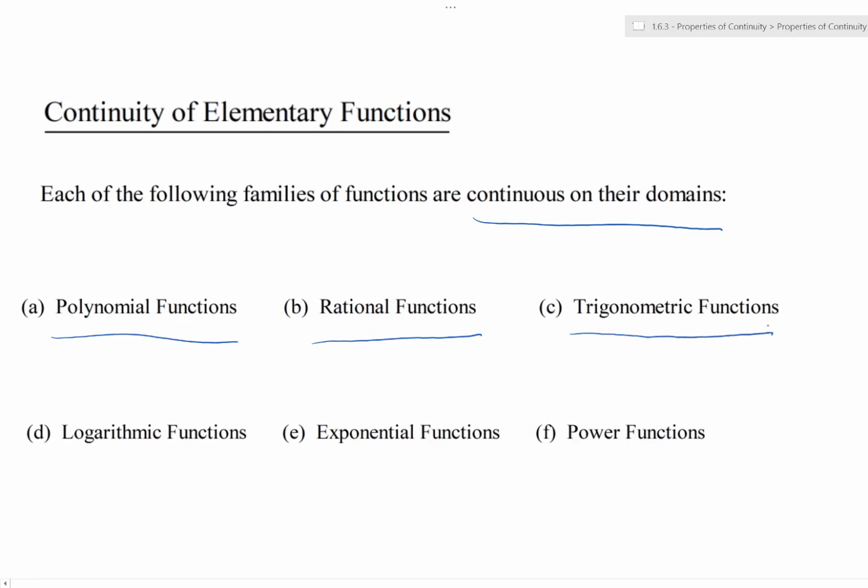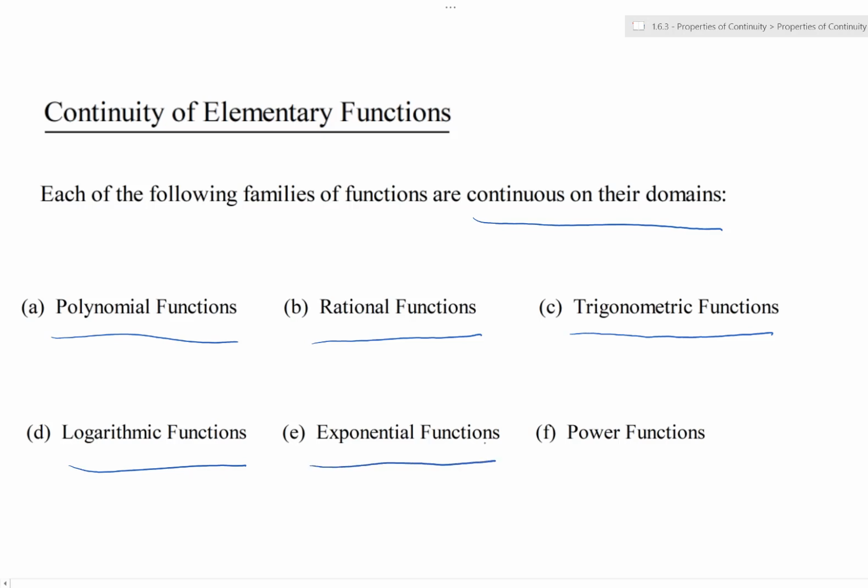Same goes with trigonometric functions. There's a variety of trigonometric functions that have vertical asymptotes and whatnot. Other than those locations for which they're undefined, they're going to be continuous. Logarithms have restrictive domains as well, but on their domains, they are continuous.